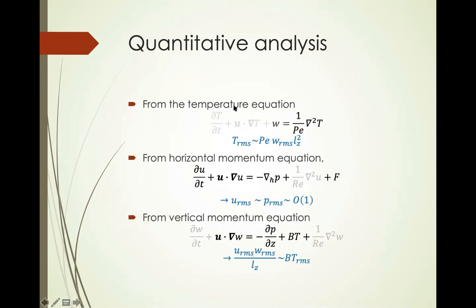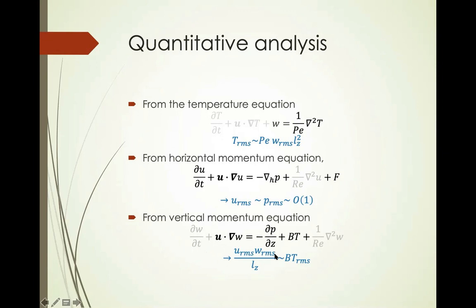So from the temperature equation this time, we neglect the advection of the temperature fluctuations and end up with just this balance. And this then predicts that the vertical velocity should be 1 over the Péclet number times the RMS temperature fluctuation over some typical vertical length scale squared, which gives us this equation. From the horizontal momentum equation, again, we find that the RMS velocity in the x direction should be of order 1, just as before.